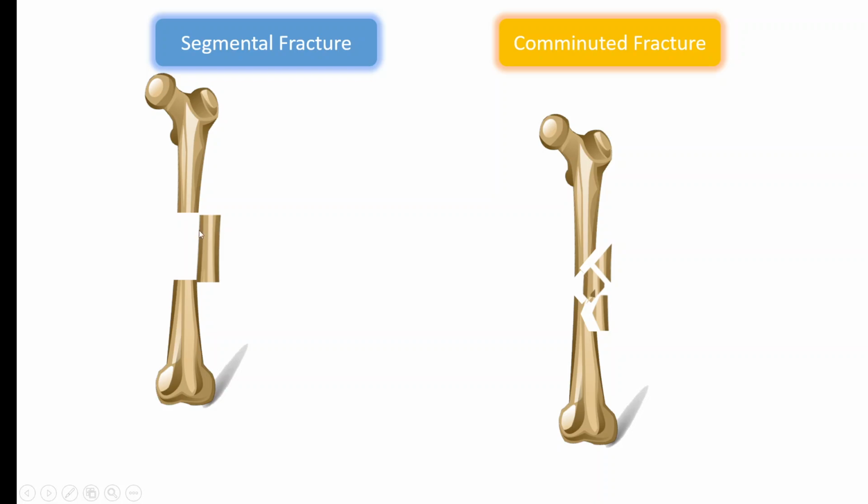In the segmental fracture, the middle fragment has the whole circumference of the bone, but in the comminuted fracture you can see there are different small fragments which do not have the whole circumference of the bone. So that is the difference between the comminuted fracture and the segmental fracture.